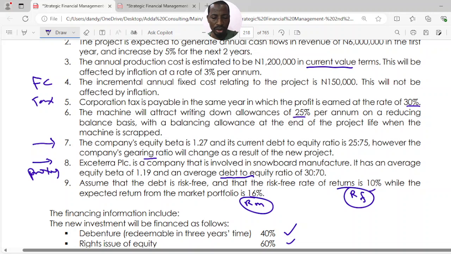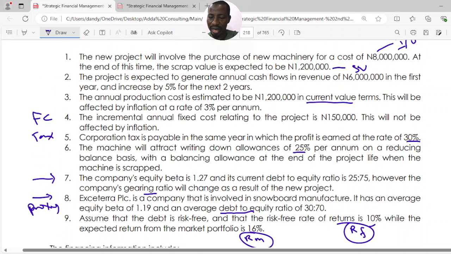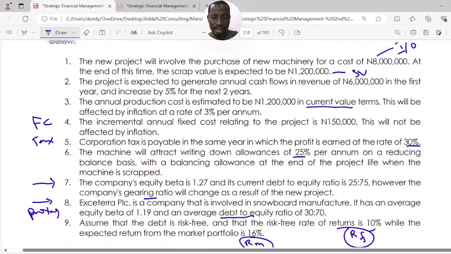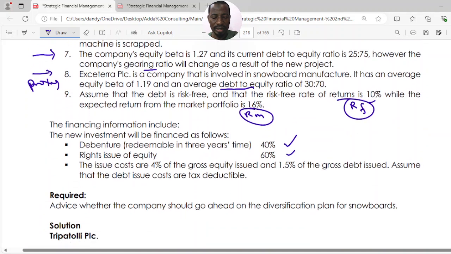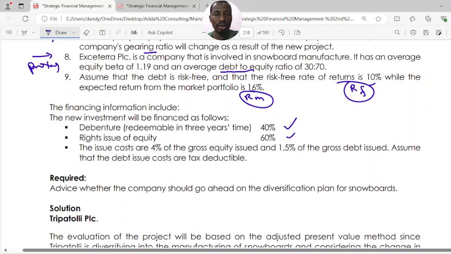Of course, based on what I just read, there is nothing like a subsidized loan. So we only consider debt and equity as the methods of financing the project. We are told debt of 40%, then right issue of equity of 60%.